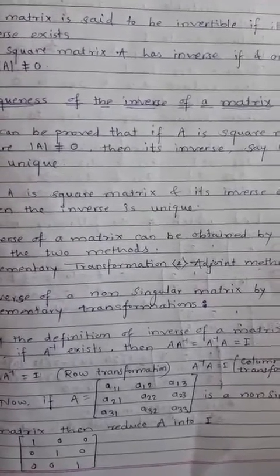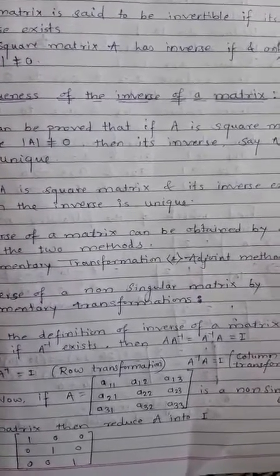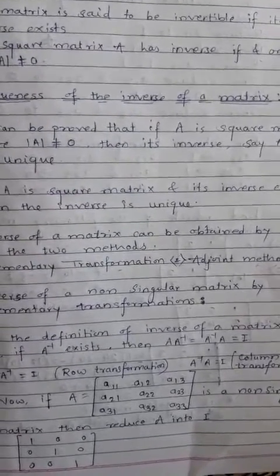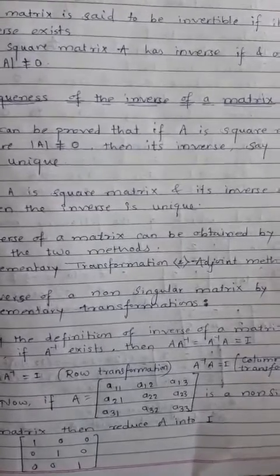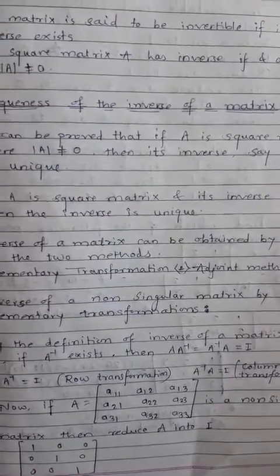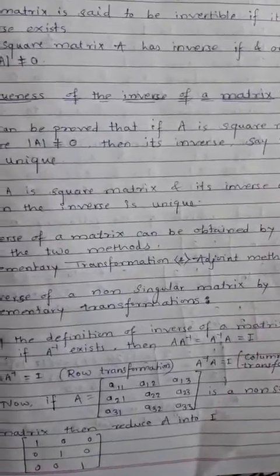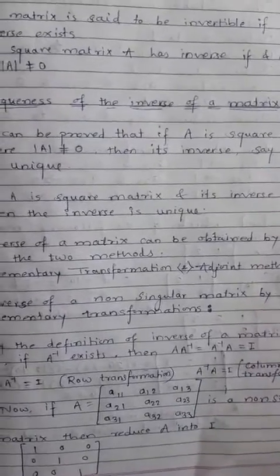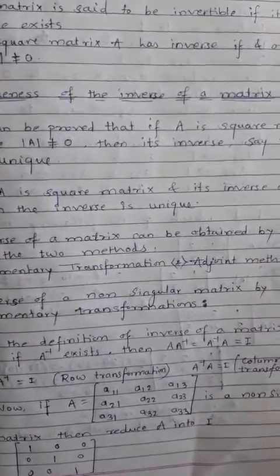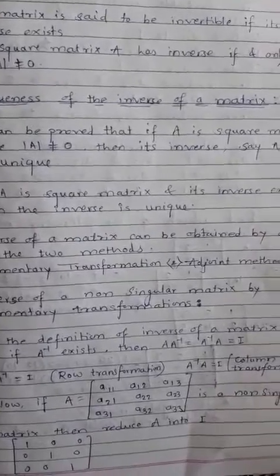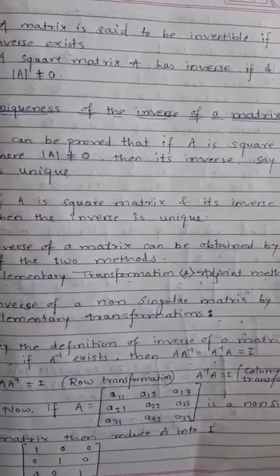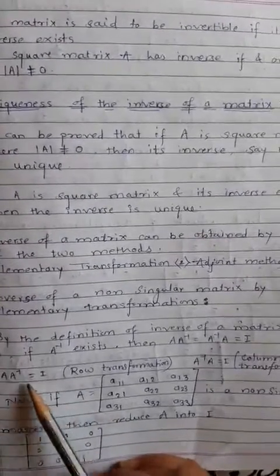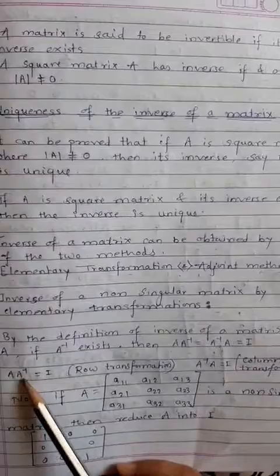If they specifically mention solving by column transformation, only then will we use column transformation. But we are going to see both methods, though most of the time, in boards also, we use row transformation only. I have mentioned this in the last lecture also. So be careful students.